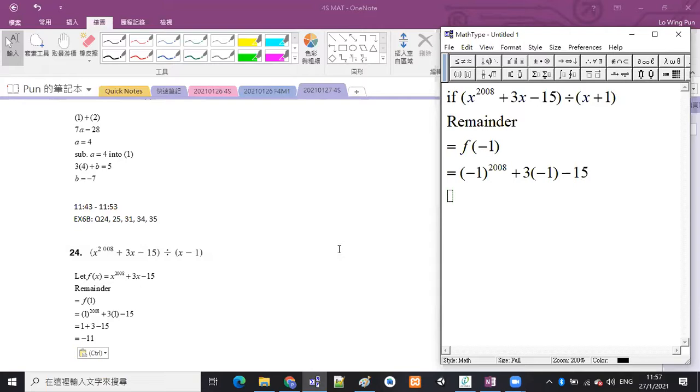I just want you to remember that the even power of -1 becomes 1, and the odd power of -1 remains -1.